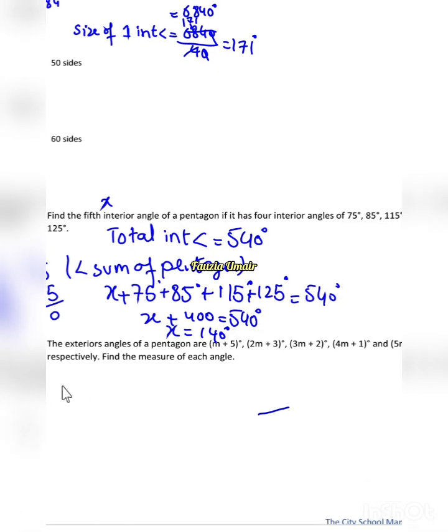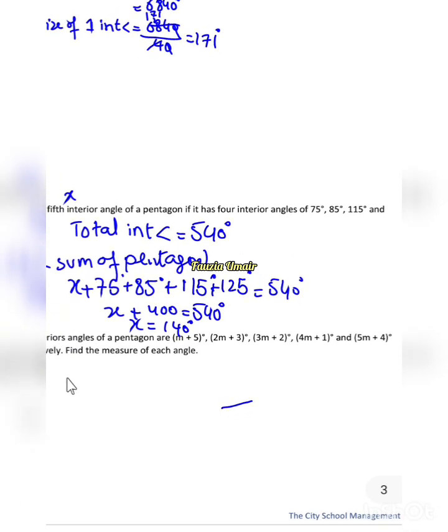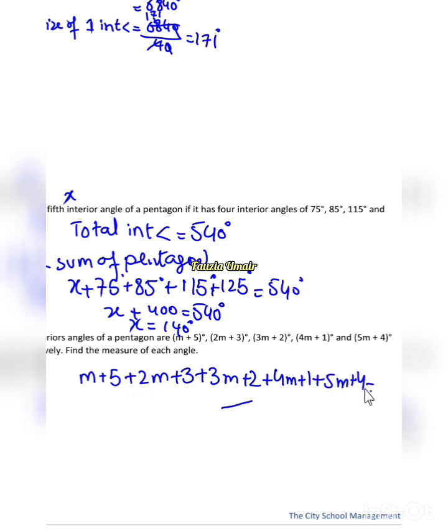So I will use that property, and write down that the sum of these 5 angles, that is m plus 5 plus 2m plus 3 plus 3m plus 2 plus 4m plus 1 plus 5m plus 4 is equal to 360 degrees.